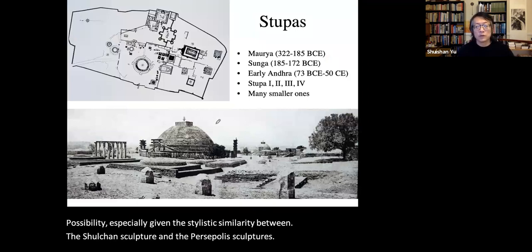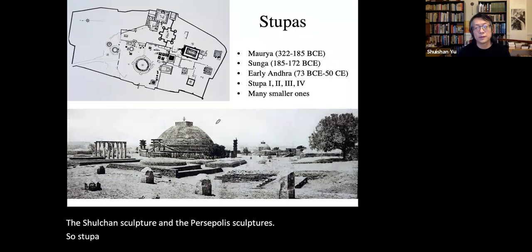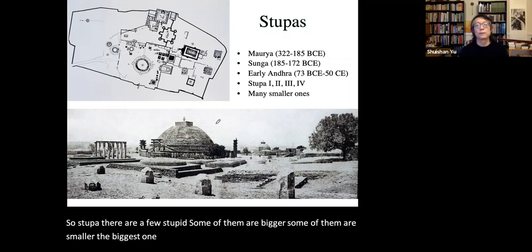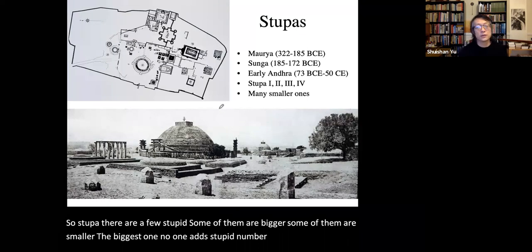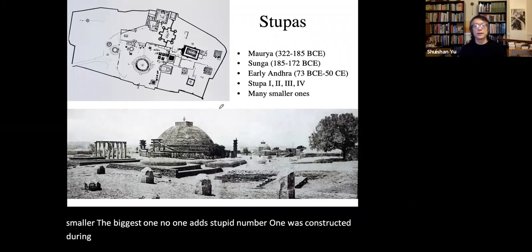So stupa, there are a few stupas. Some of them are bigger, some of them are smaller. The biggest one, known as Stupa number 1, was constructed during the Maurya period and later repaired during the Shunga period.